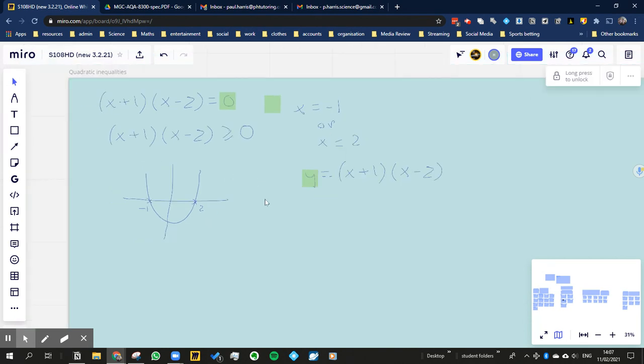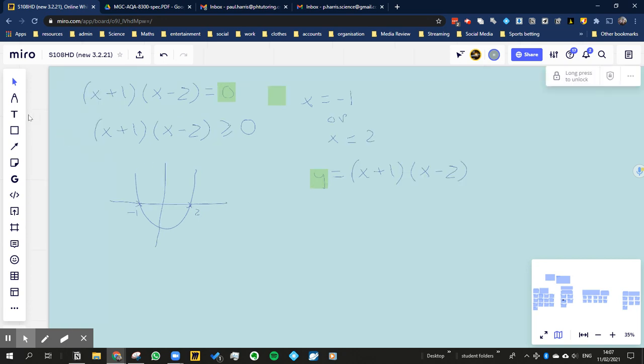So if I wanted to now look at how I demonstrate that it's greater than 0 or equal to it, then it's basically whenever y is greater or equal to 0. So how would I demonstrate that on a graph? I would simply colour in the part of the line where y is greater than 0.